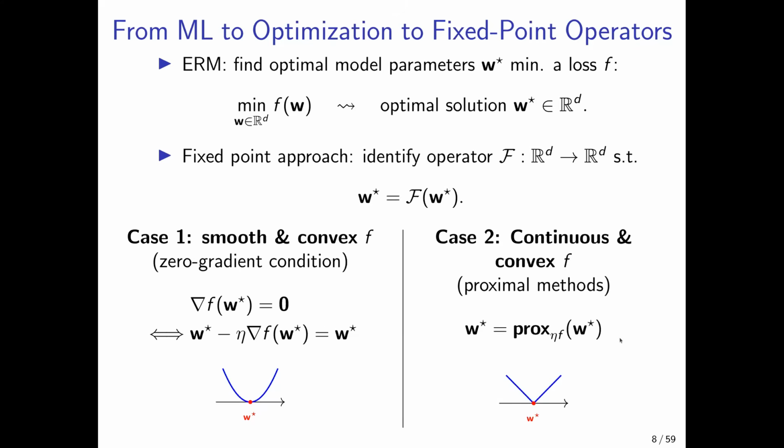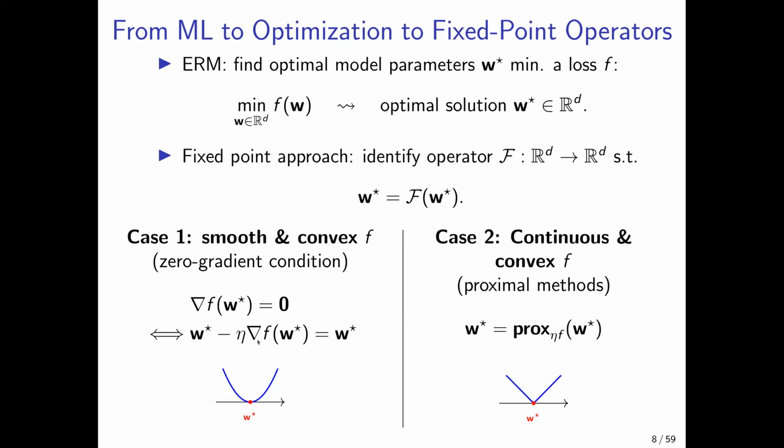And the second case, a harder problem, we will drop the smoothness assumption. So we are not assuming anymore that f is differentiable, and instead we are just assuming that it is continuous and still convex at the same time. But by dropping the smoothness assumption, we cannot compute gradients anymore, and we cannot apply the zero gradient condition that we were using in the first case. And so we need other methods to solve them.